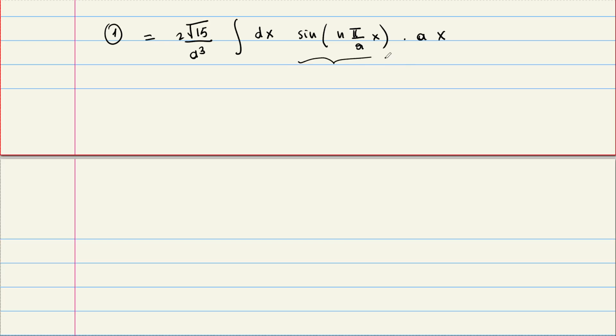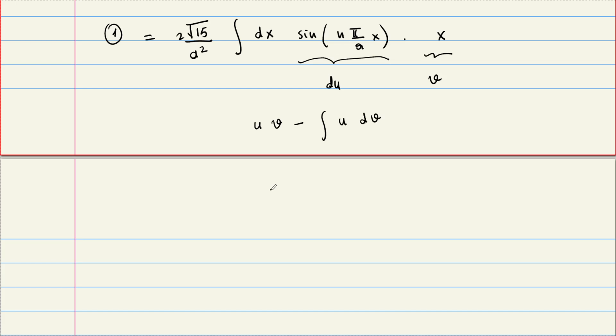So this is du, this is v, right? If you want, let me also take this a out of our way. So this is a squared. And the trick is, this should be u times v minus integral of u dv, right?